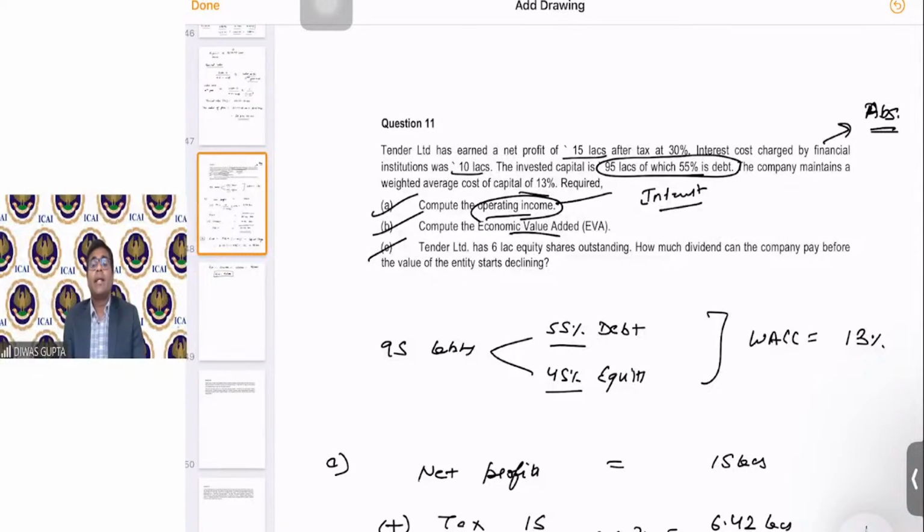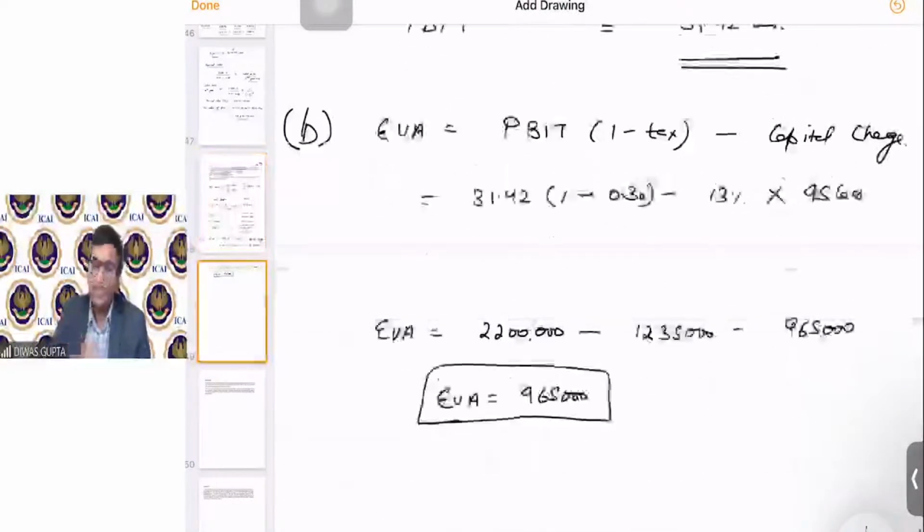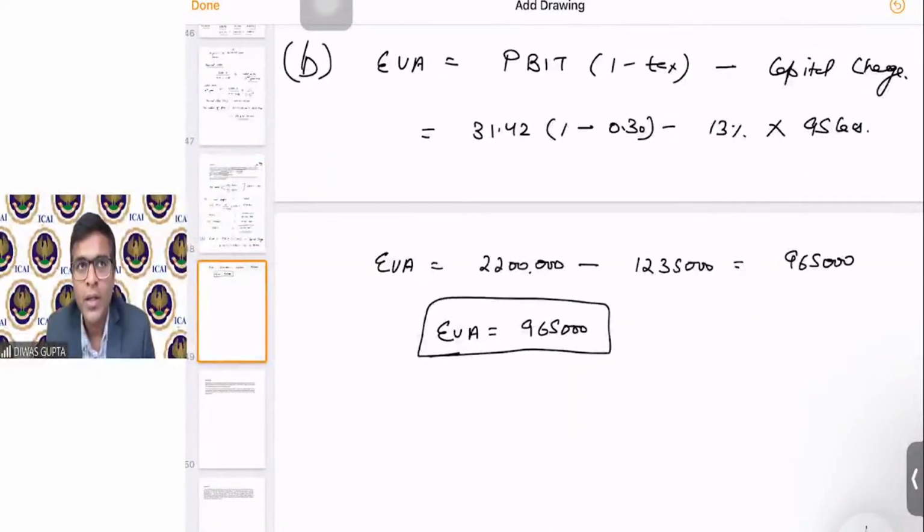Now we have to understand how much extra dividend we can pay so that the declining does not happen. That is indicated by EVA, because EVA lets you know that the extra amount you're earning over and above the expectation is 9 lakh 64 or 65,000, right? This is what you're earning as EVA.